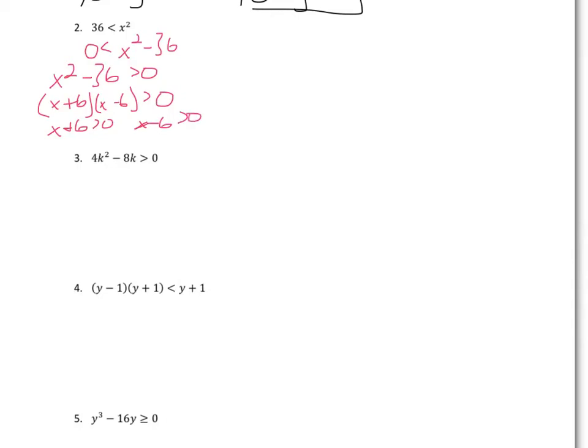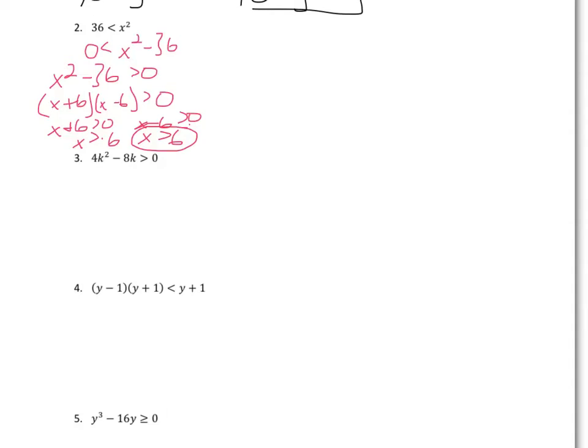Is it going to work? Well, we've got x is greater than negative 6, and x is greater than positive 6. Does that make sense? Yes, the solution set here would just be, remember this is an AND problem, I have to have both of them. So x has to be greater than positive 6.